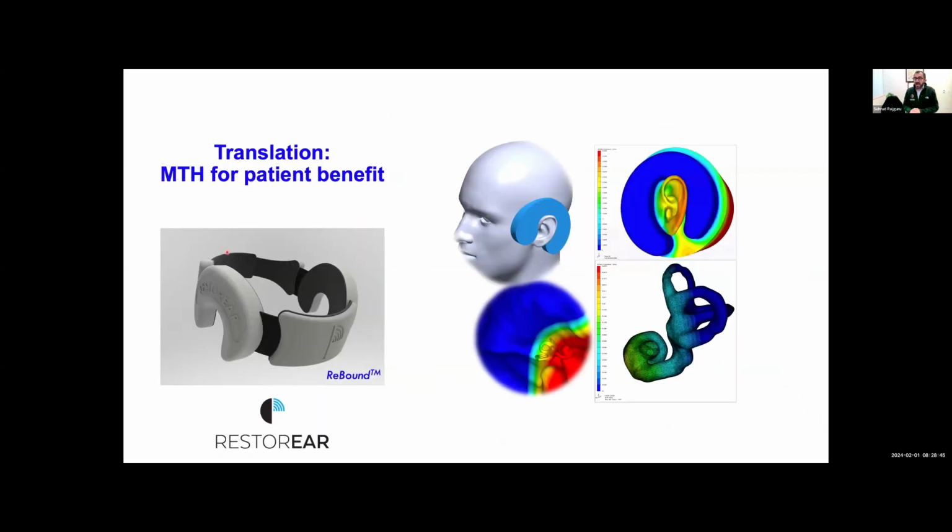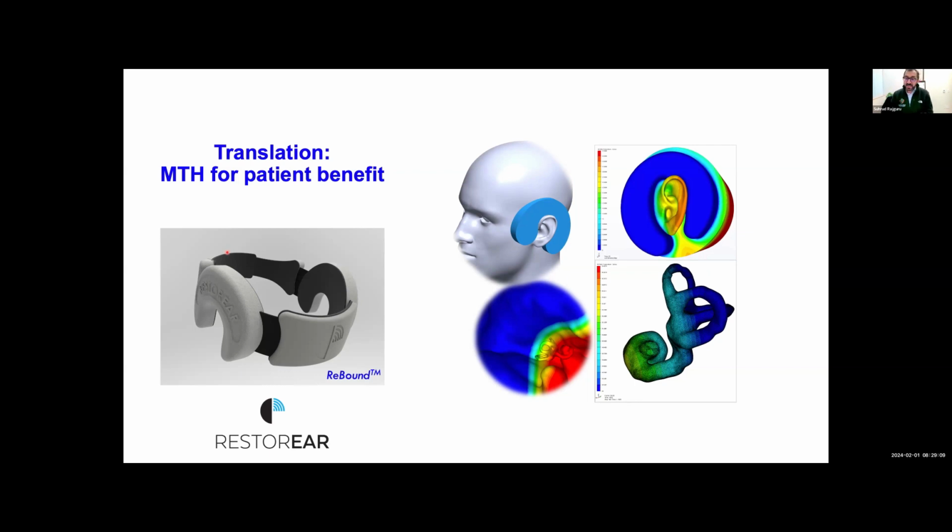And so again, how do we take a discovery like that and move it into a clinic? With my, again, ability to come up with names, however silly they may be, I came up with a name called Rebound, meaning that we're going to rebound the hearing after a noise or a traumatic event.